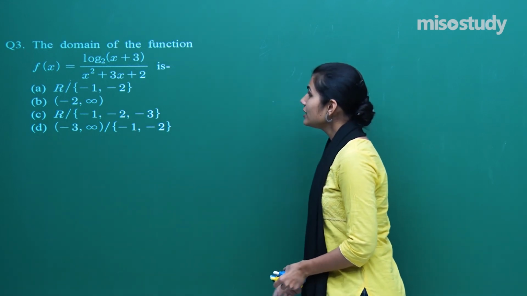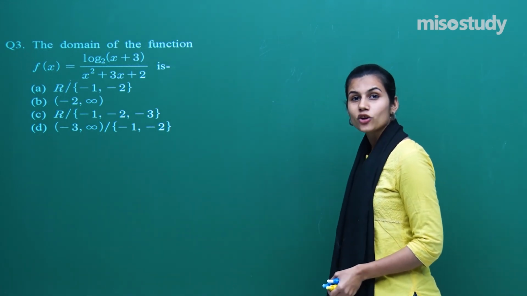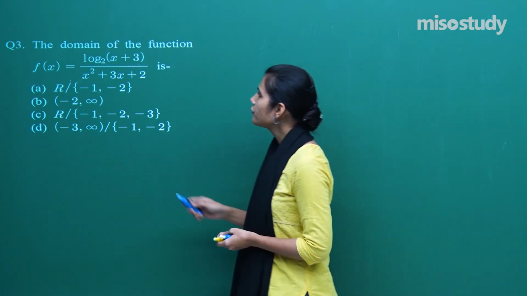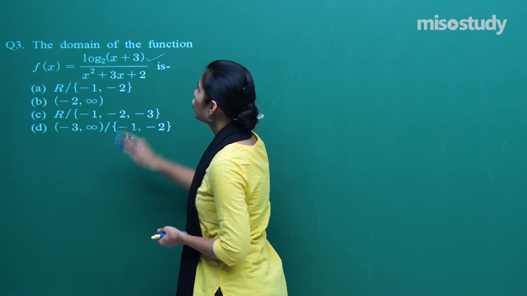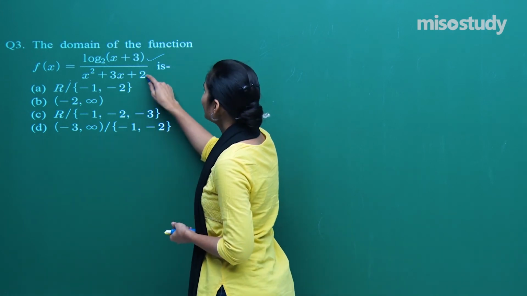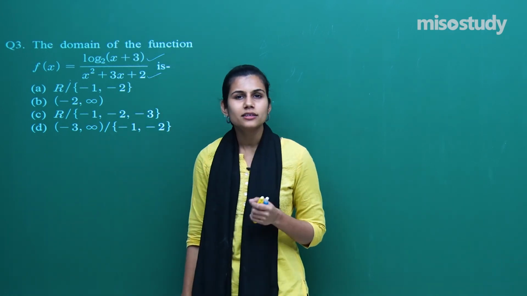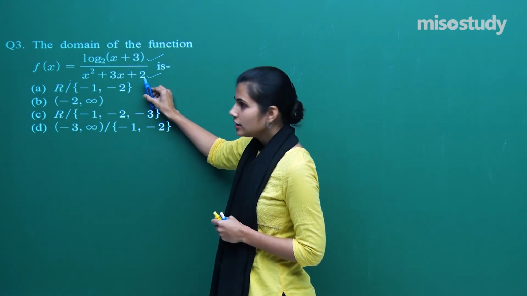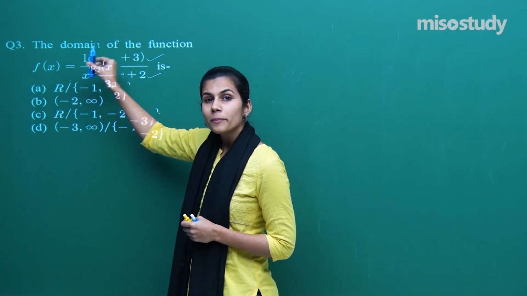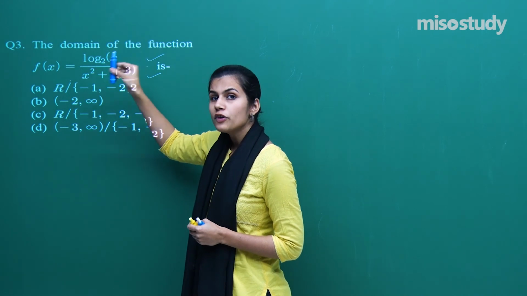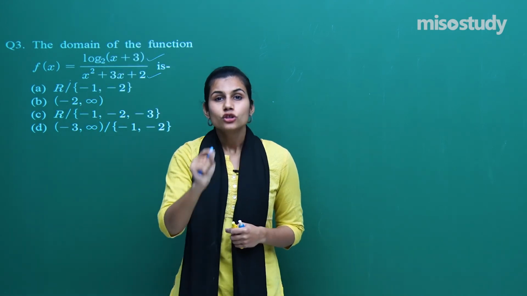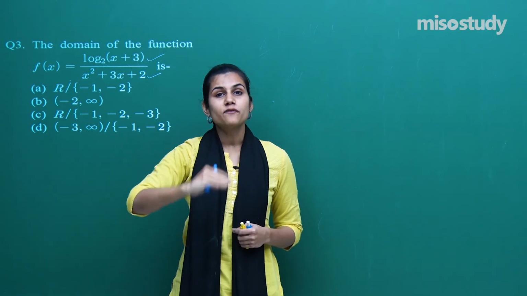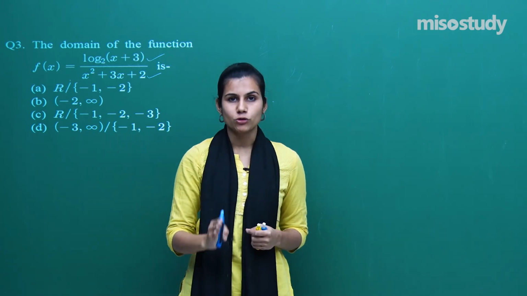The third question again is dealing with the concept of domain. It is asking what is the domain of the function which involves a log term in the numerator and a quadratic expression in the denominator. For f(x) to have a domain, by domain of a function we mean those inputs for which the function is delivering real outputs.